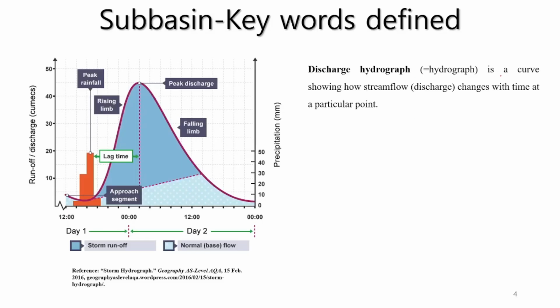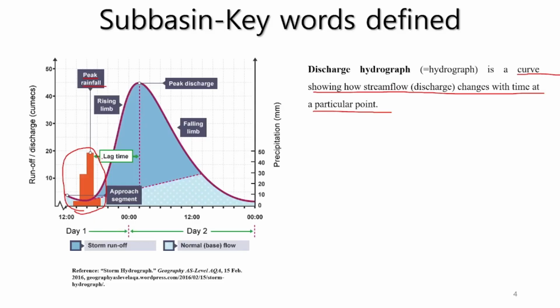A discharge hydrograph is a curve showing how stream flow changes with time at a particular point. If we look at the picture on the left here, first we have the rainfall in the form of a bar graph. The rainfall first happens, and then we have peak rainfall, when there's the most amount of rainfall.